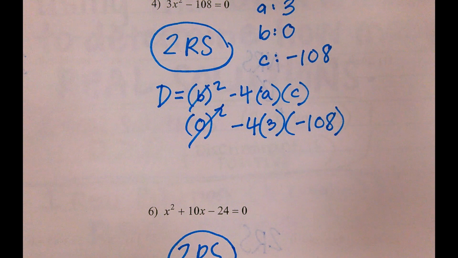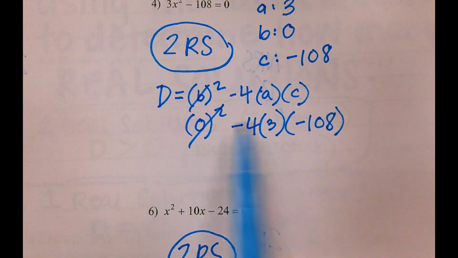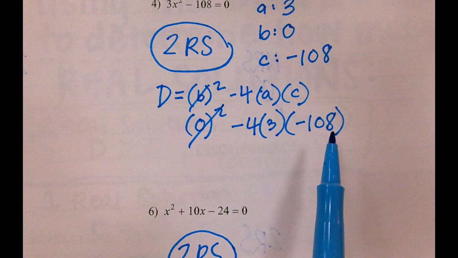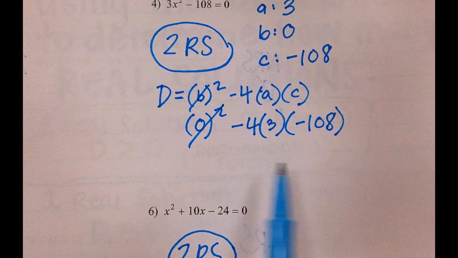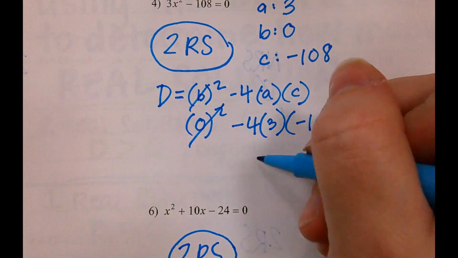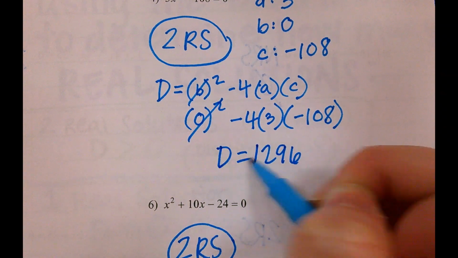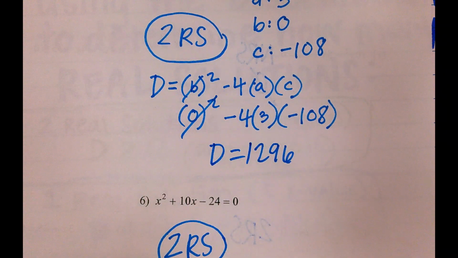Positive. You can tell without even doing the math because we have 2 negatives. They will cancel no matter what. Yes, 2 negatives make a positive. So we will get -4 times 3 times -108, 1296, and it's positive. So 2 real solutions.